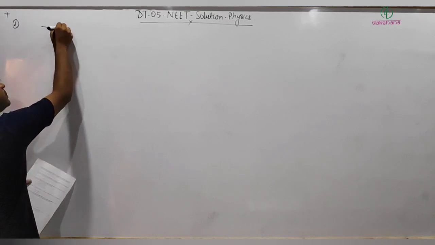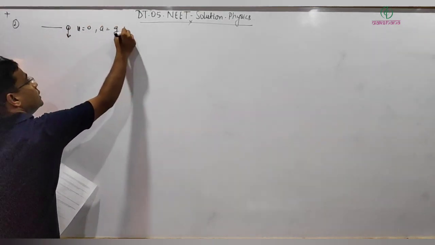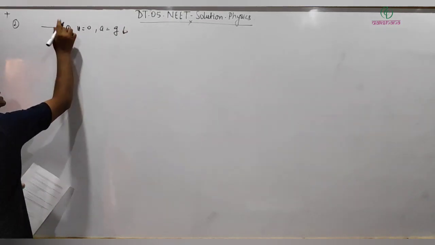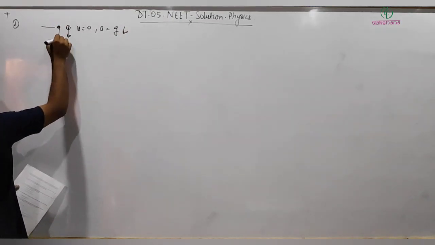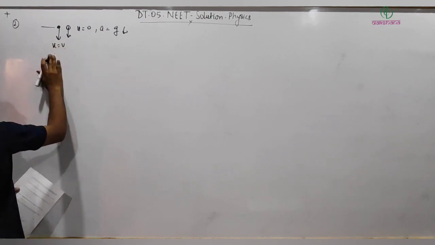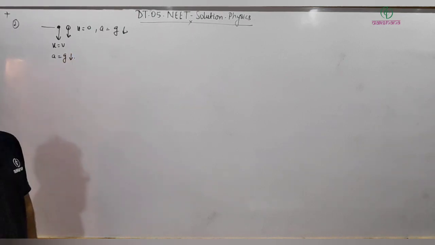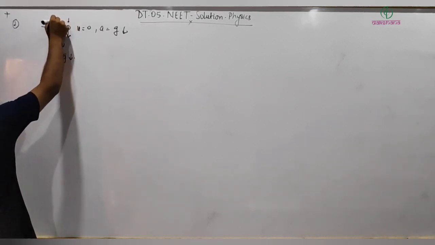From some point one ball is dropped, meaning initial velocity 0, acceleration is g downward. Another ball is simultaneously thrown with initial speed u equal to v, and acceleration a equal to g also downward. Now it's asking the separation between them. Let's say this is ball 1, this is ball 2.